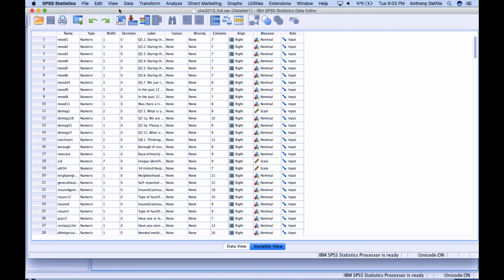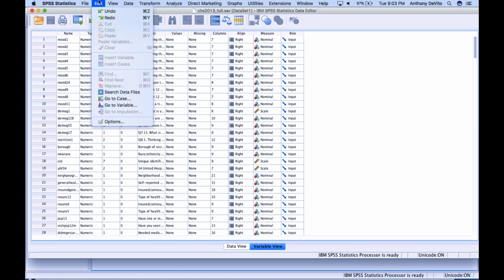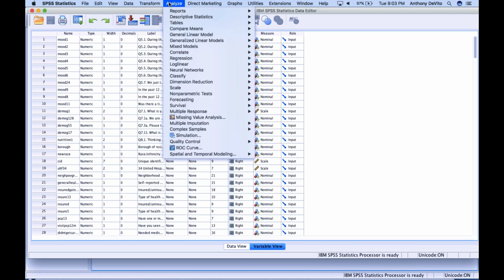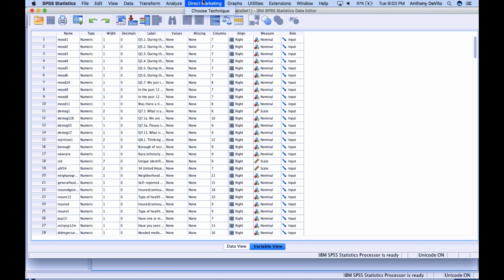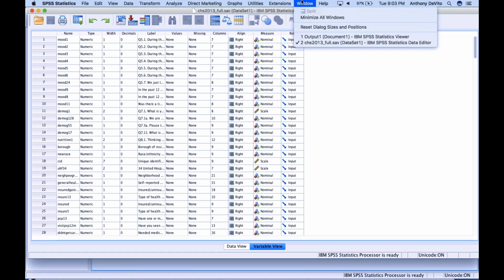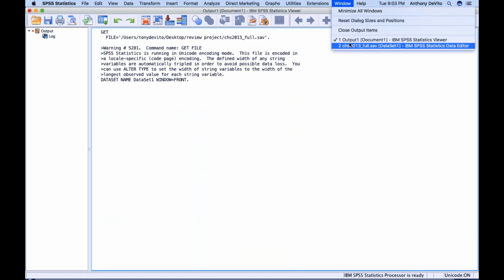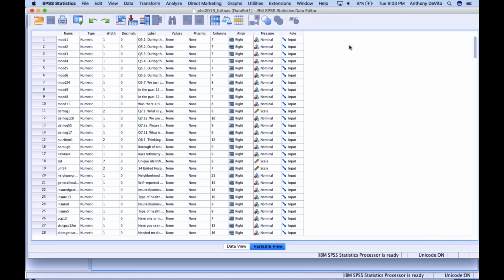Now we can view in SPSS, you'll notice that we have drop menus at the top: file, edit, view, data, transform, analyze, which is important to us, direct marketing, graphs, which is important to us, and so on and so forth, and windows, which allows us to move between the output window and the input window.